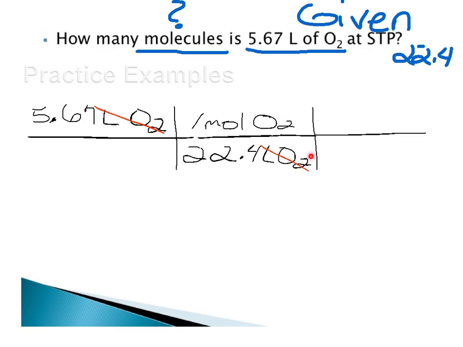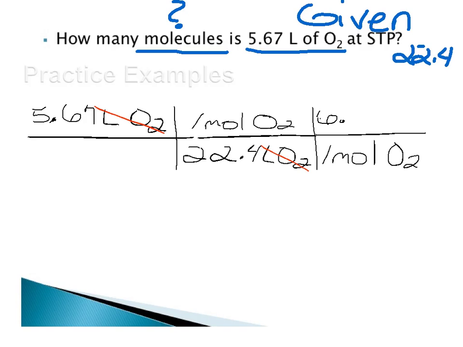Whatever unit we have here needs to be the same one that we have here. That way they'll cancel. So if we have moles here, our 1 mole needs to go here, and our 6.02 will go on top. So we have our 1 mole of O2 at the bottom.